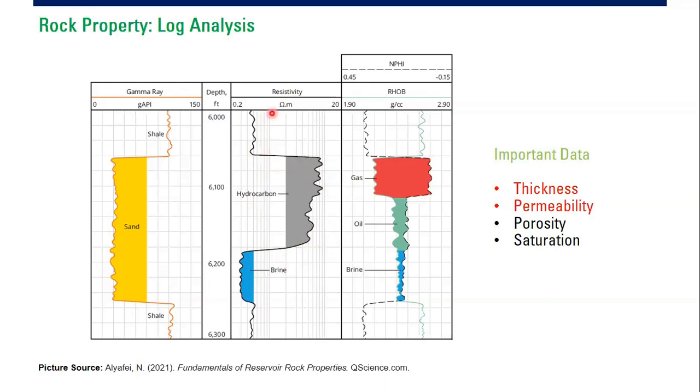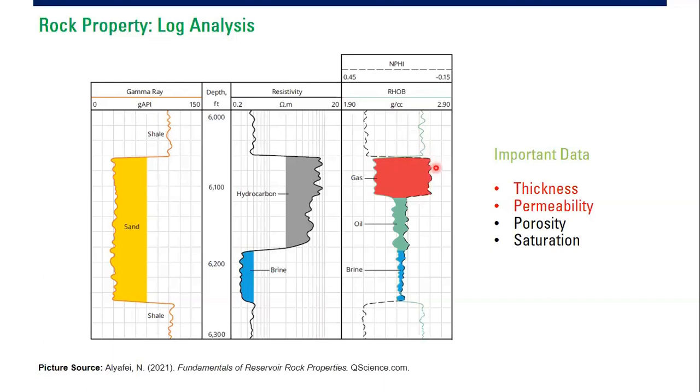And then we need more information, and it is supplied by this porosity log and the density log. Using the combination of the porosity log and the density log, we can distinguish between gas and oil, right? In this case, gas will show a butterfly effect, the separation between these two logs.